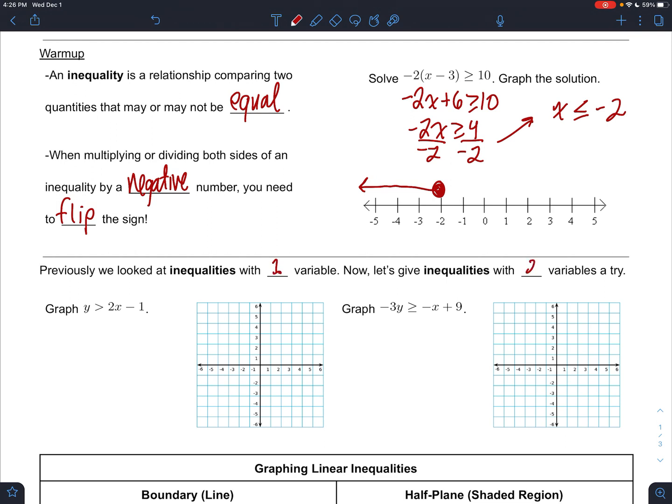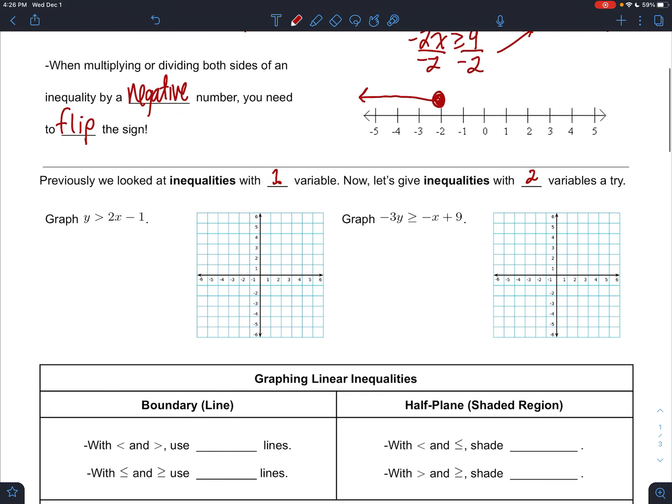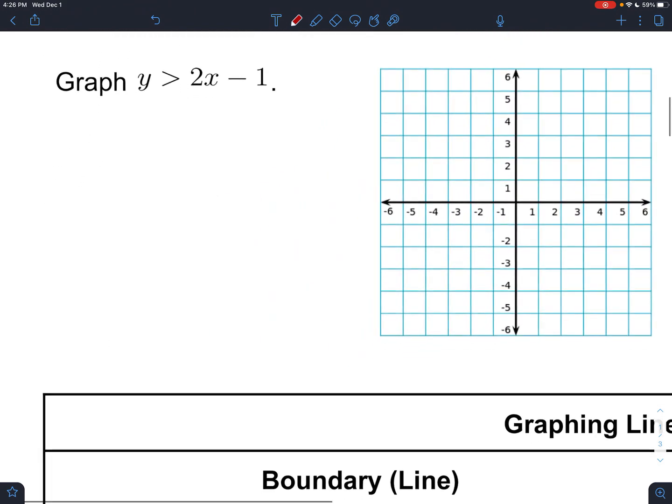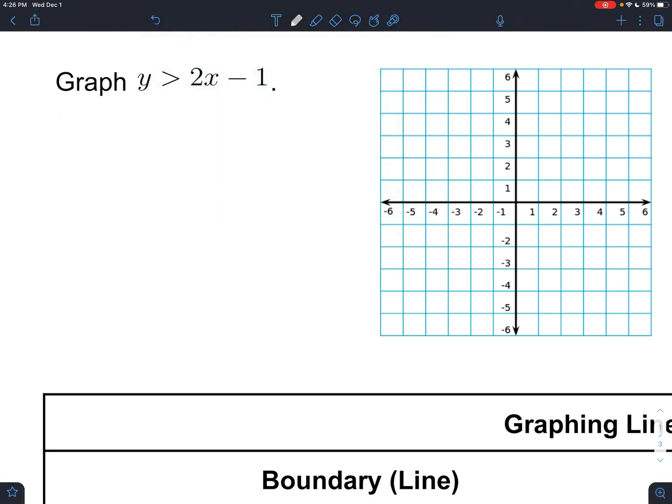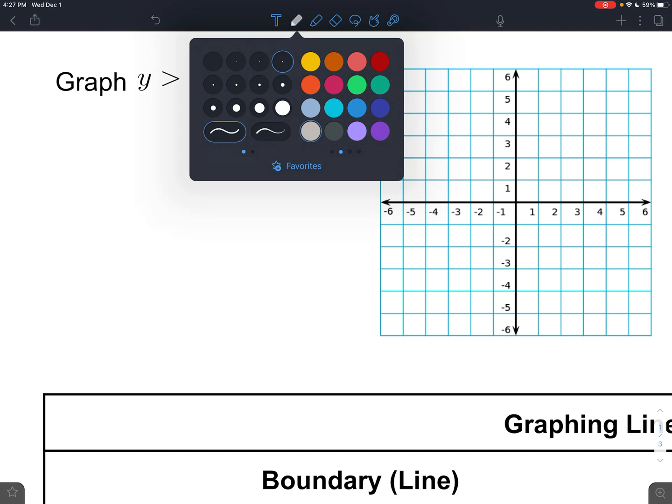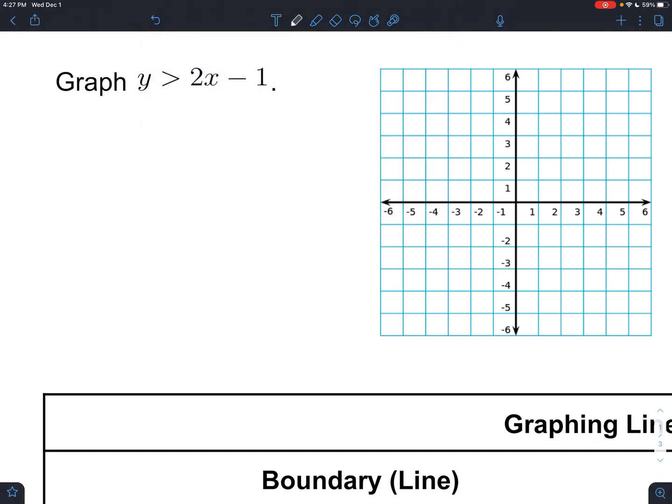Okay, so how do we build on this? Well, we had equations with one variable, and now we're going to work with inequalities with two variables. So how does this look on just the basic level, of what I want you to be able to do? You're first going to graph, or at least do a very light sketch of the line.